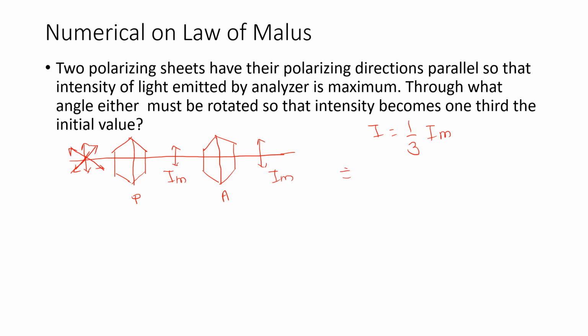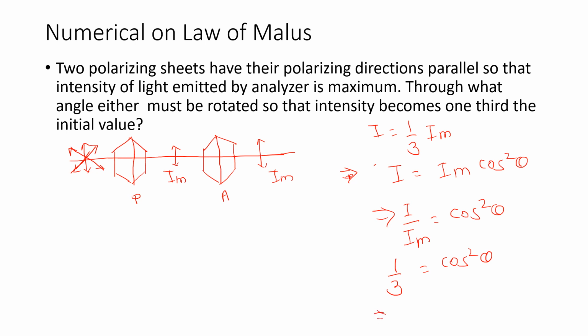So how will we solve this? We know the formula that I is equal to Im cos square theta. I upon Im is equal to cos square theta. We want to reduce the intensity to 1/3, so 1/3 is equal to cos square theta, which gives cos theta is equal to 1 by root 3. Theta is cos inverse of 1 by root 3.